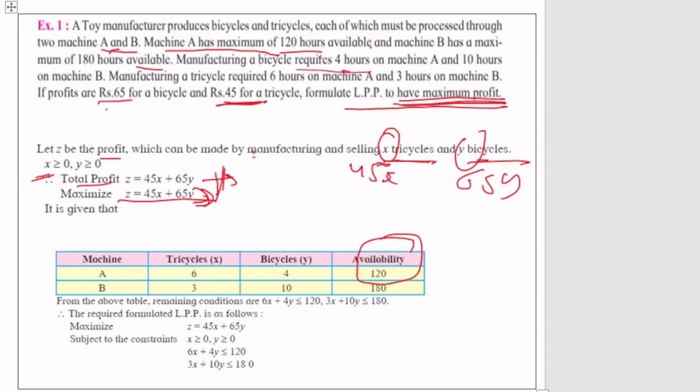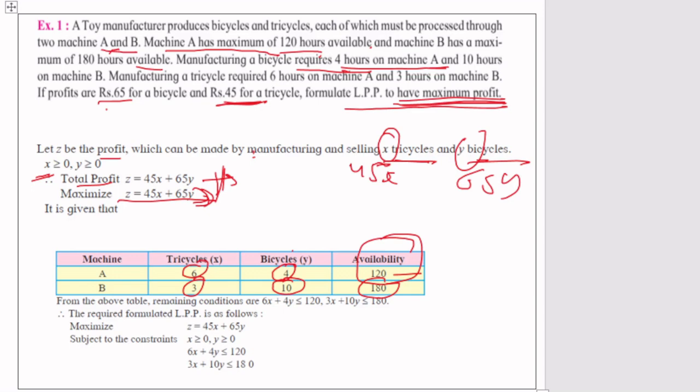Manufacturing a bicycle requires 4 hours on machine A and 10 hours on machine B. So this is the condition for a bicycle. And manufacturing a tricycle requires 6 hours on machine A and 3 hours on machine B. So this is how it works. Availability is 180 hours for machine B and 120 hours for machine A. From the above table, we can derive the equation now.